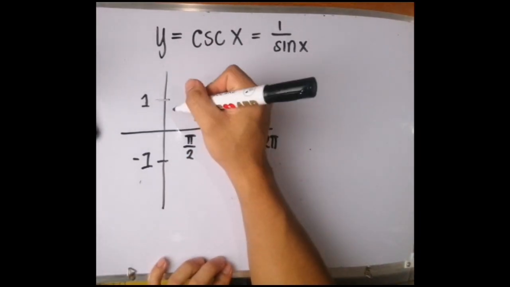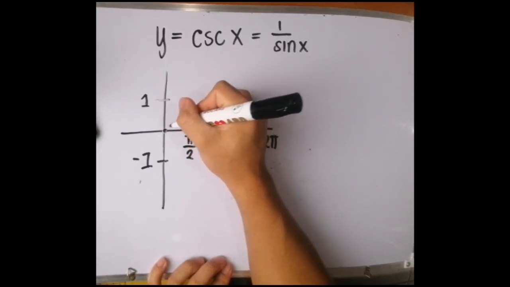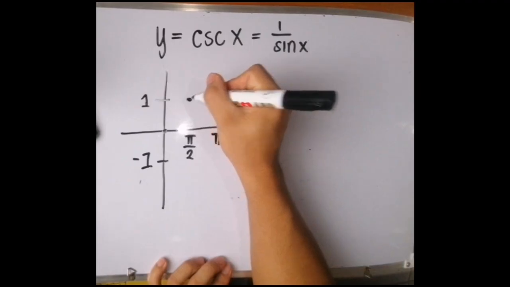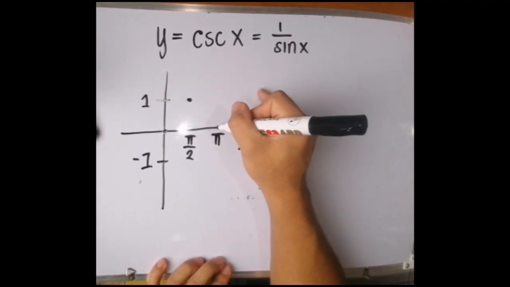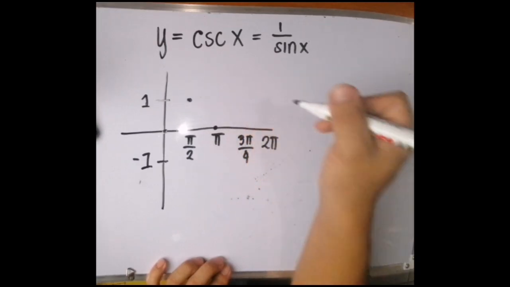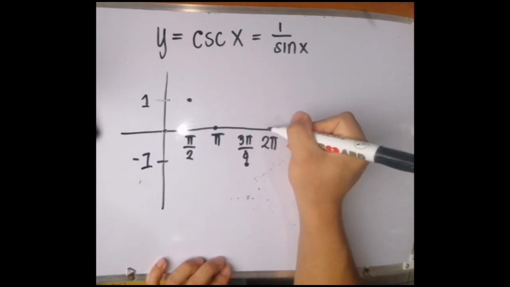Sine starts at the center and goes up, goes back down to 0, and goes down to -1 and back to 0.